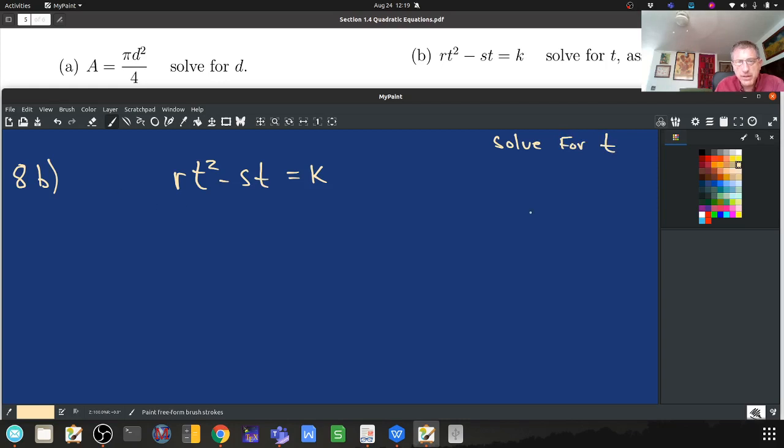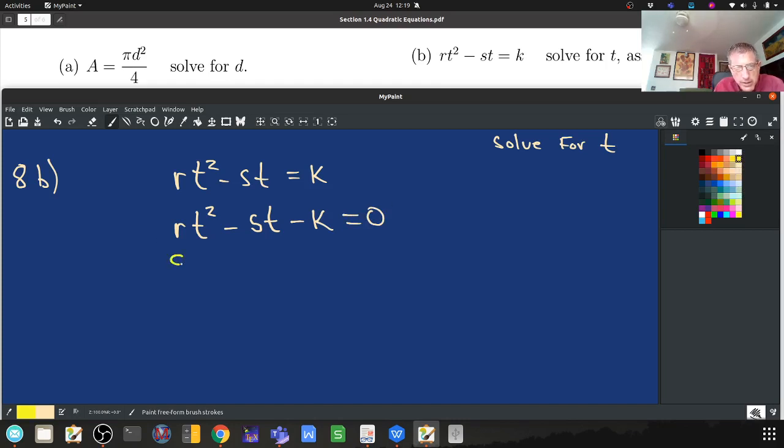The first thing I'm going to do, if it makes it easier for you, is change the t to an x. I'm going to make it into a quadratic equation in the variable t. I'm just sensing some freaking out right now.